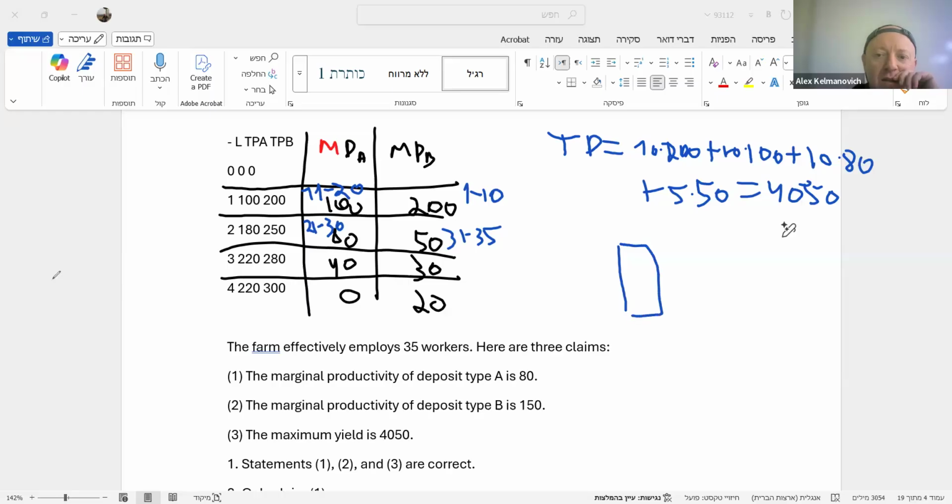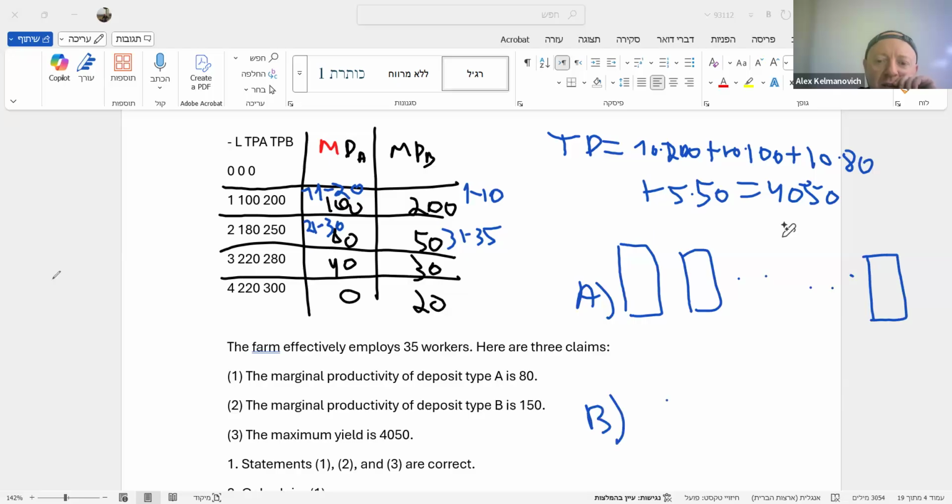Now, let's draw the fields. Let's suppose that we have 10 fields A, 10 fields B. In fields A, we have 180.